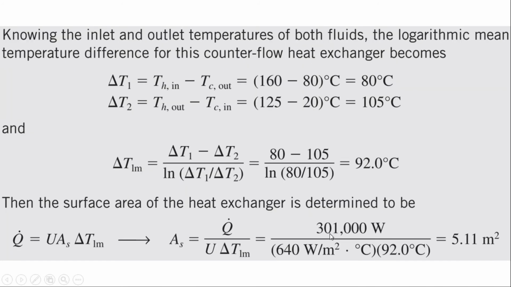After that, we have all four temperatures: the inlet and the outlet of the cold stream, the inlet of the hot fluid stream as given, and we have just calculated 125 degrees centigrade, which is the outlet temperature of the hot fluid stream. So we then have to determine the log mean temperature difference for the counter current flow.